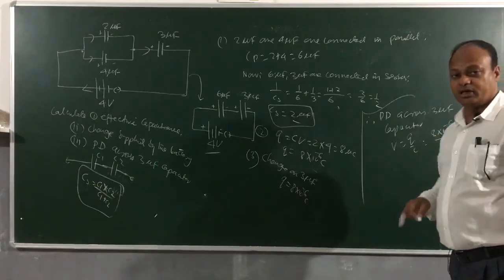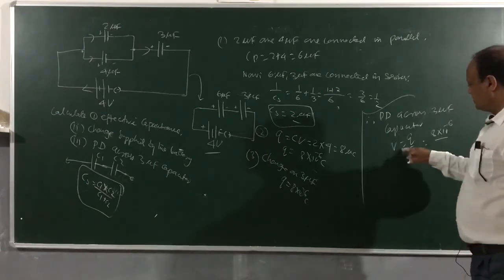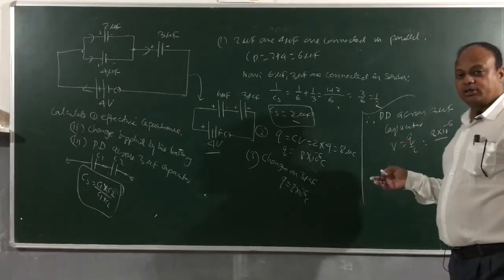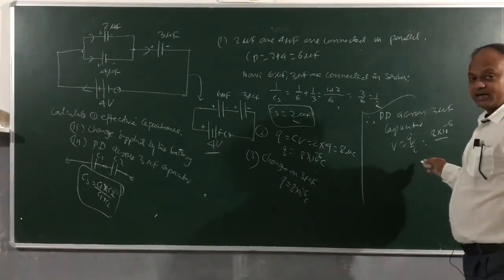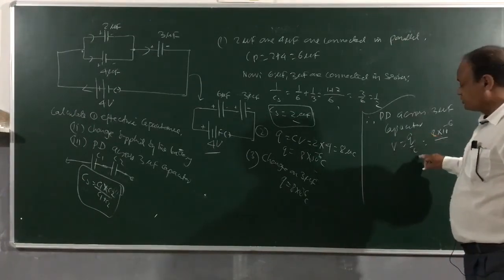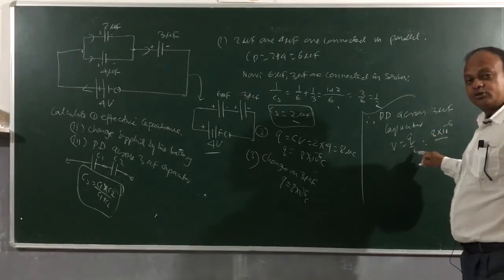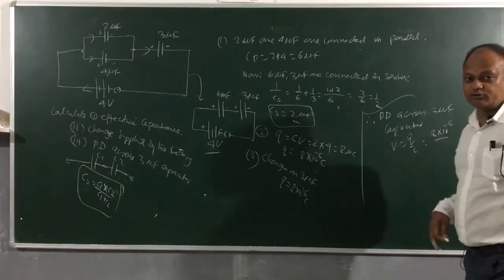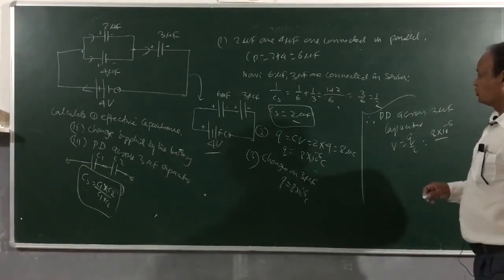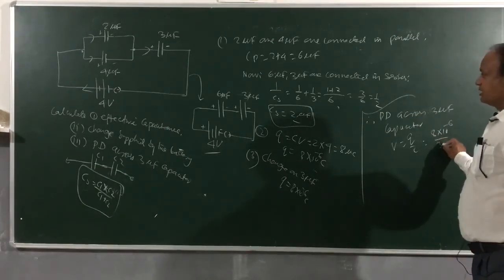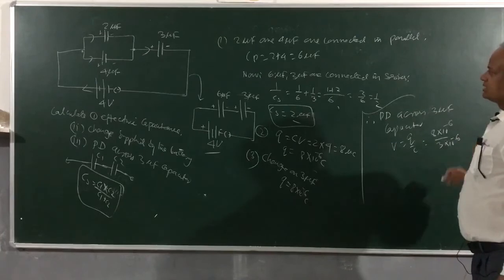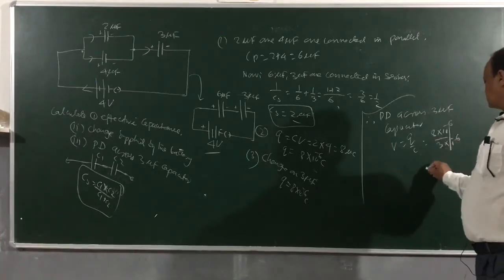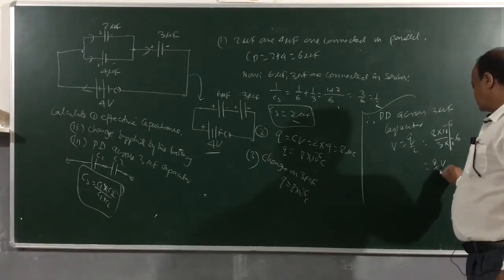Remember, whenever they want you to calculate PD, then convert charge into coulomb and capacitance into farad, or if you don't want to convert, you can keep both in microcoulomb and microfarad. So the conversion will cancel out, but better do it like this so that you don't make any mistake. And C is how much? 3 into 10 power minus 6, right? So cancel this out. So 8 by 3 volts.